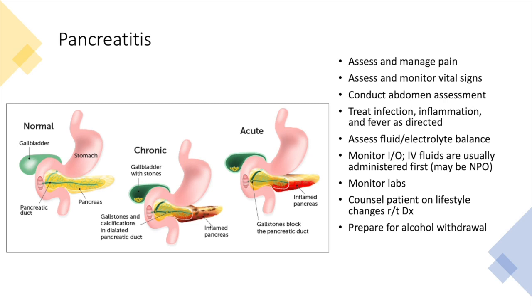But essentially, the enzymes within the pancreas are prematurely activated, and they start to reflux and come back into the pancreas and cause inflammation. That inflammation quickly leads to erosion and necrosis of the pancreas. Big risk here is for mortality and hypovolemic shock.